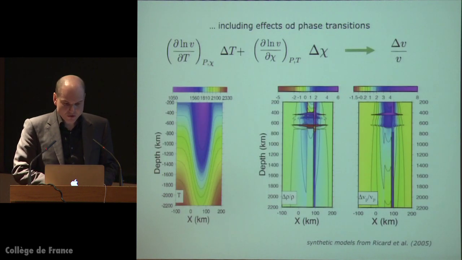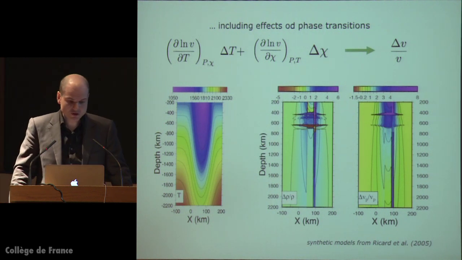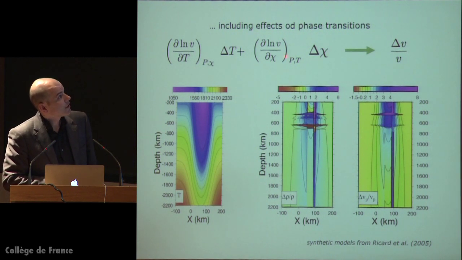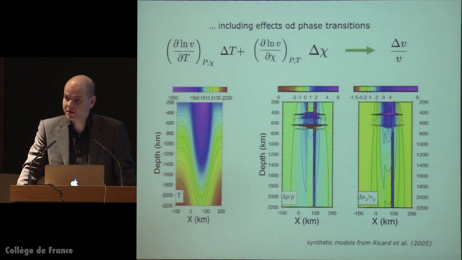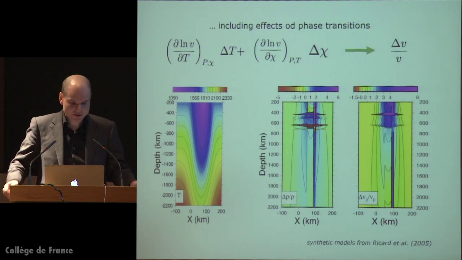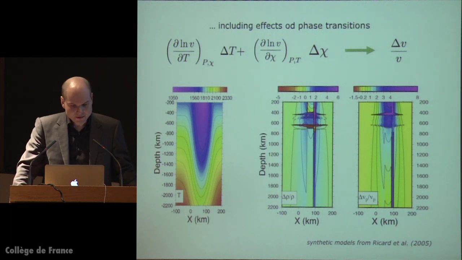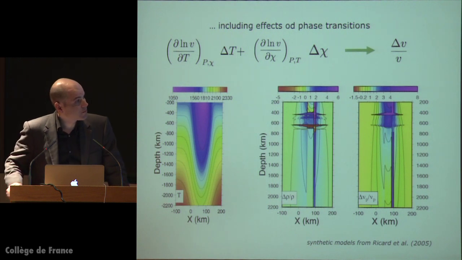Of course, you can go also the other way around, so using some synthetic partial derivatives, assuming some temperature variations and chemical variations, and to produce synthetic tomographic images. And we did this with Yannick Ricard. We did just a simple model having a subducting slab going into the mantle, and then we were trying to convert it into tomographic images.